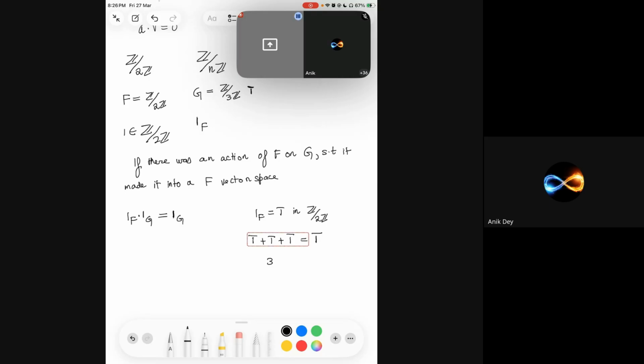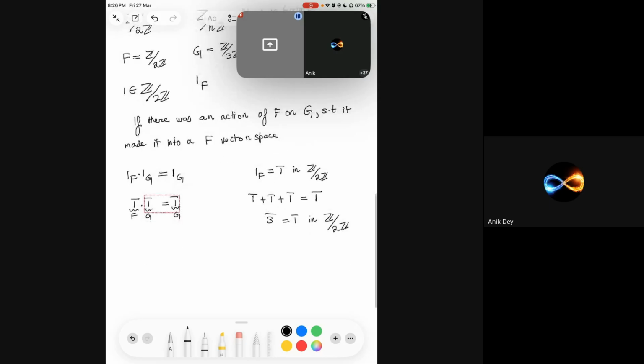That is 3 bar equal to 1 bar in Z by 2Z. So there is a lot of abuse of notation here. 1 bar dot 1 bar equal to 1 bar. This is an element of the field. This is an element of the group. We are assuming such a group is an F vector space. Then 3 bar dot 1 bar must also be equal to 1 bar.